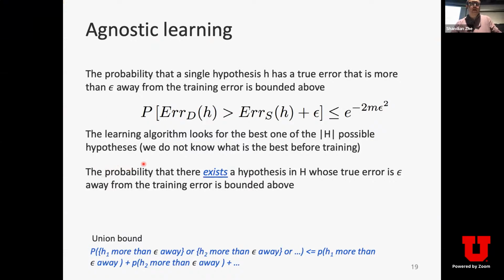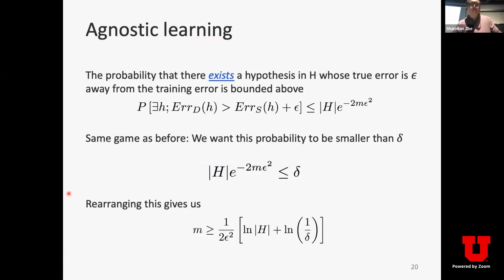What we'd like to say is: what is the probability bound for the event that there exists a hypothesis whose true error is epsilon away from the training error? This bound can be derived by the so-called union bound. In the first homework, we reviewed this union bound, and we can easily show that for any learning algorithm, the probability of finding a hypothesis whose true error is epsilon away from the training error is upper bounded by the size of the hypothesis space H times this exponential factor.